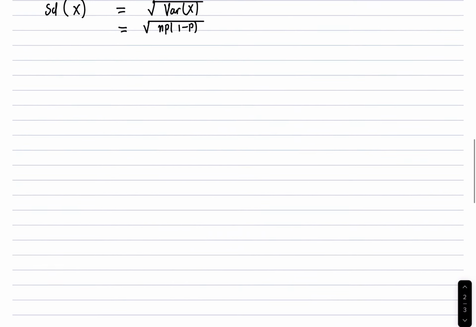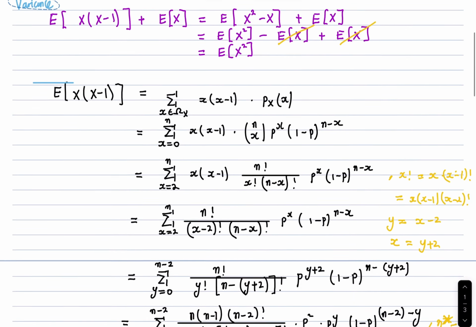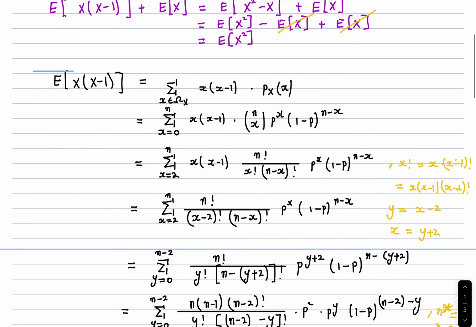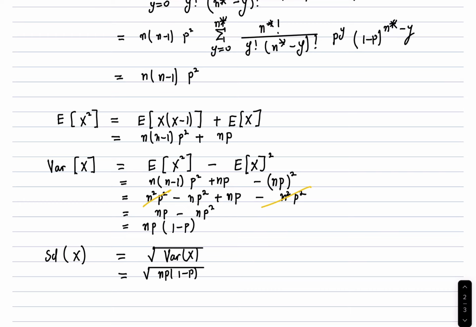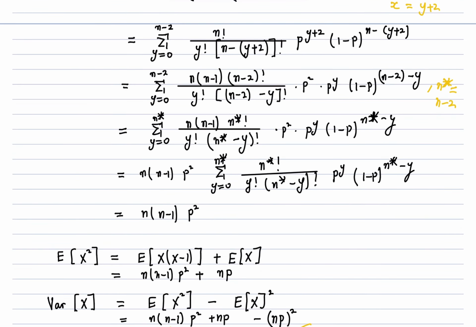Now, this was a lot of expression, a lot of algebra, and some really good algebra, by the way. This technique is very common when dealing with discrete random variables in particular, where we are using the definition of the discrete random variable expectation and variance, and we are manipulating algebraically the expression so that the expression inside the summation looks like another PMF.